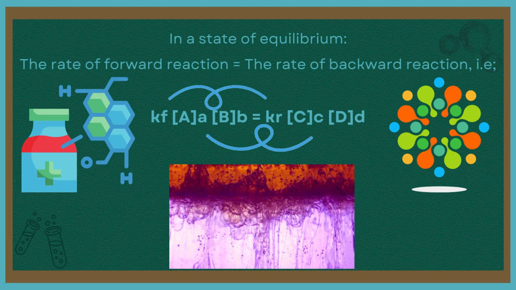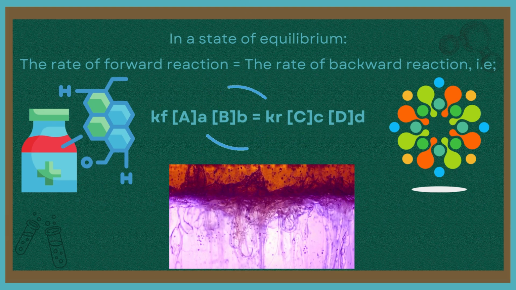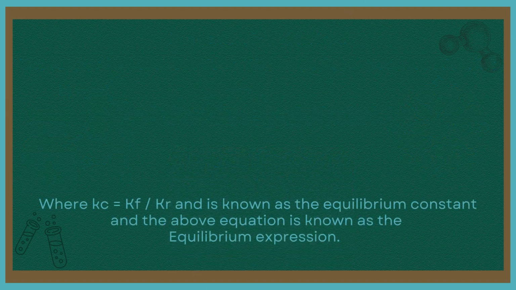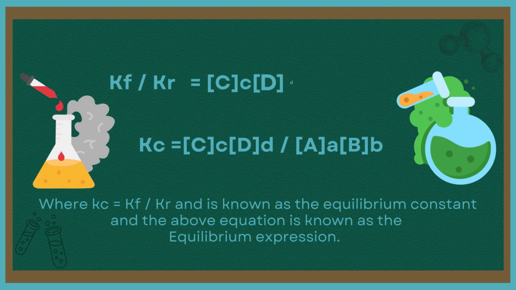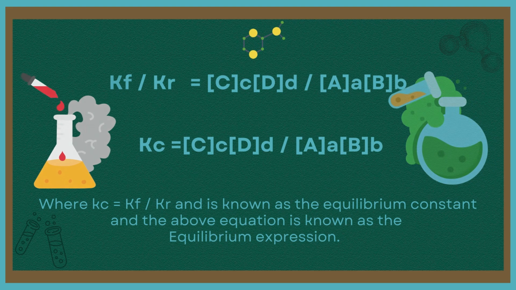Therefore, when we rearrange the above equation, we obtain Kf upon Kr is equal to a numerator comprising the concentrations of the products raised to their coefficients and a denominator comprising the reactants raised to their coefficients. This ratio of Kf upon Kr can be denoted as Kc, which is known as the equilibrium constant, and the above equation is known as the equilibrium expression.